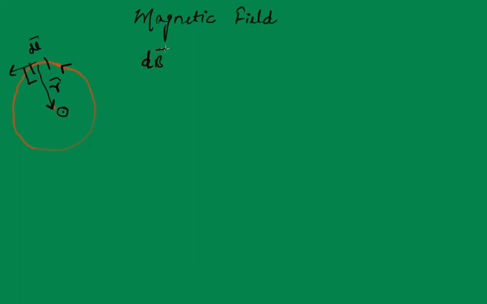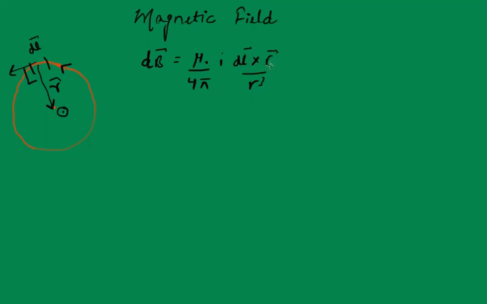The magnetic field will be μ₀/4π into I into dl cross r vector divided by r cubed, right? Now because the angle is 90 degrees, this dl vector cross r vector, if you expand it, you will have dl r sine 90. Sine 90 is 1.